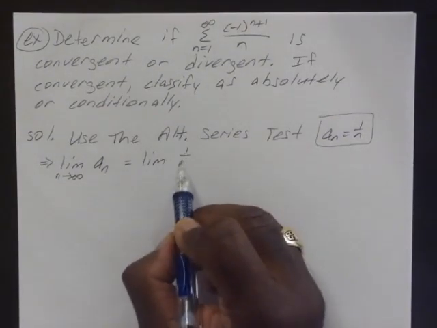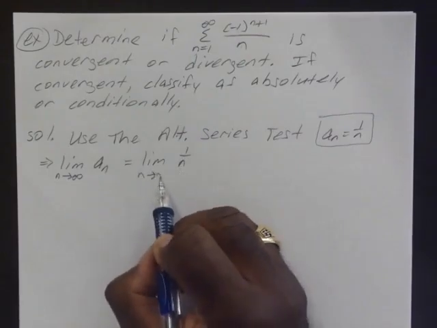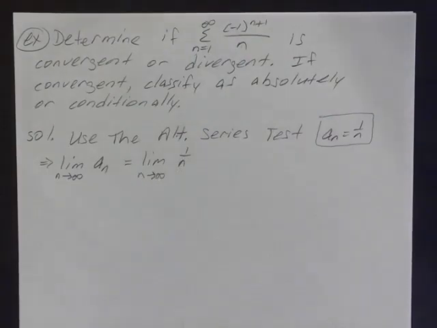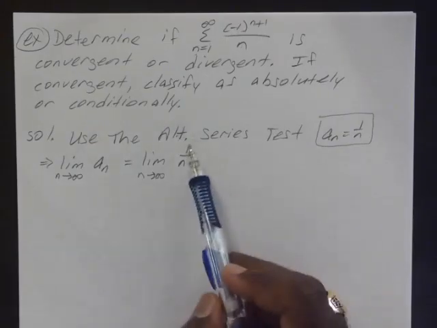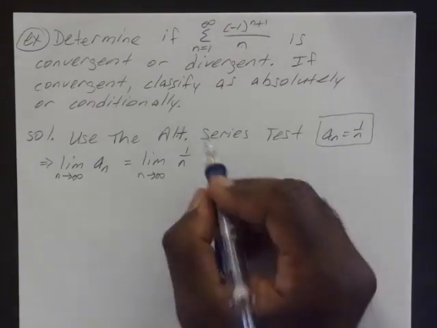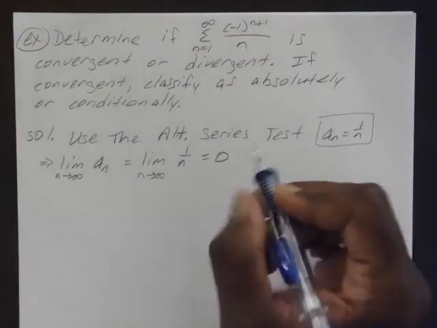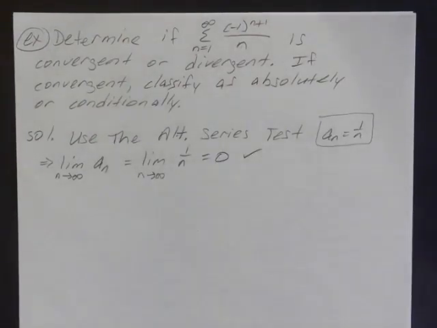So that's the limit of 1 over n as n approaches infinity. Well, we know that a constant divided by a number getting bigger and bigger and bigger is always going to be 0. So that first condition is passed.